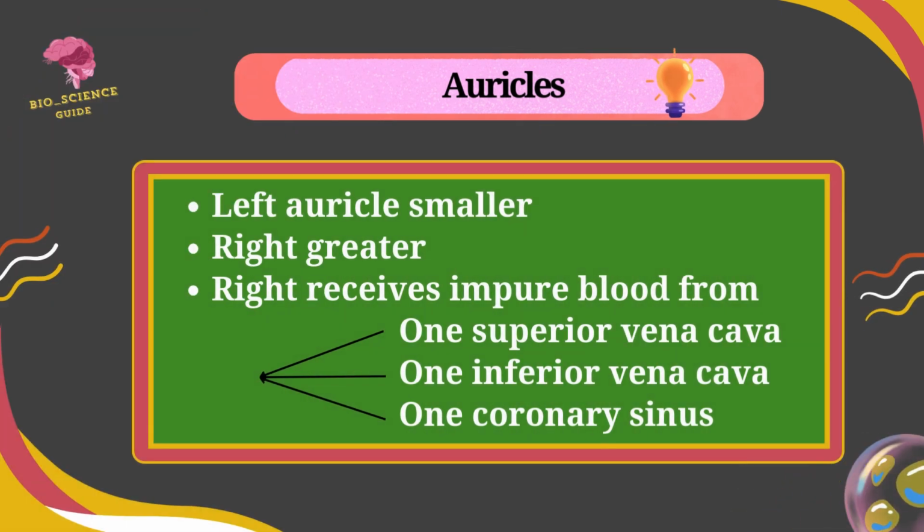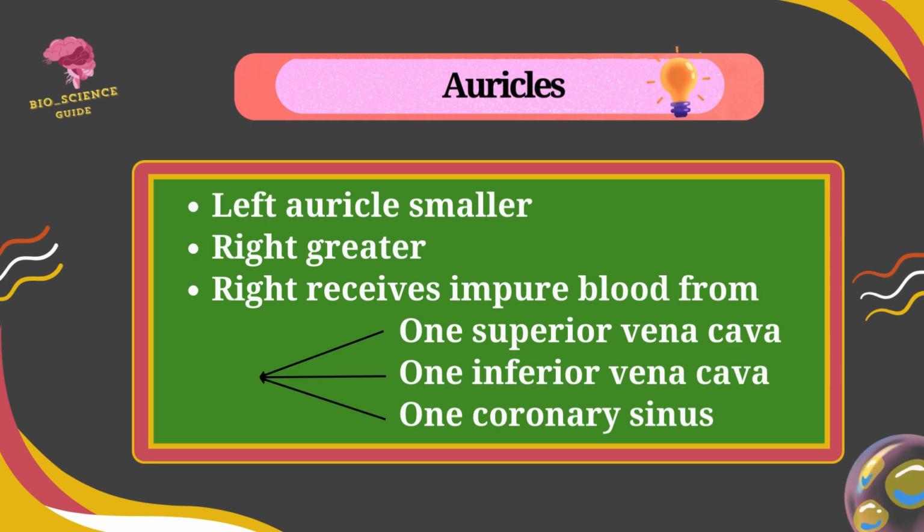Auricles are the upper two thin-walled chambers. The left auricle is smaller, but the right auricle is greater.